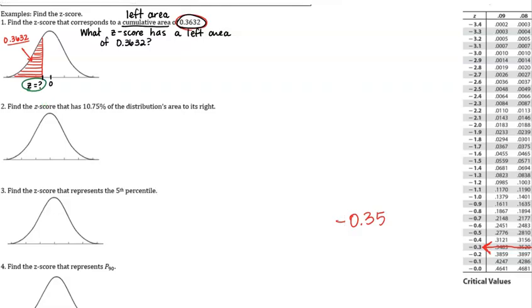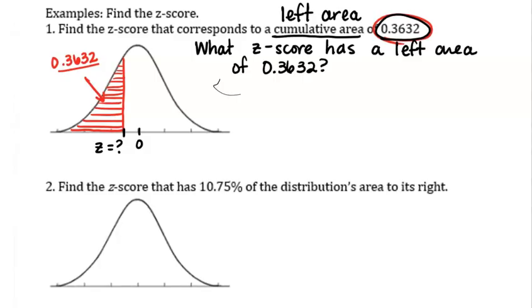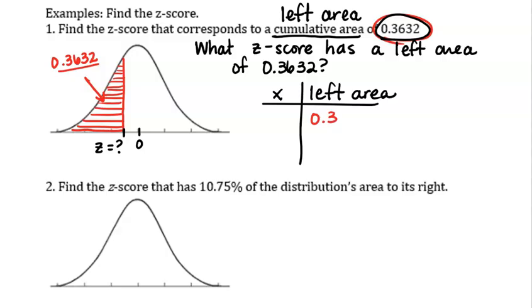And we looked that up from the table. So I went to the table. I'll make a little table here. I went into the table knowing the left area of 0.3632, and we had to go look it up. I don't know why I put X there, you all. I should have put Z there.